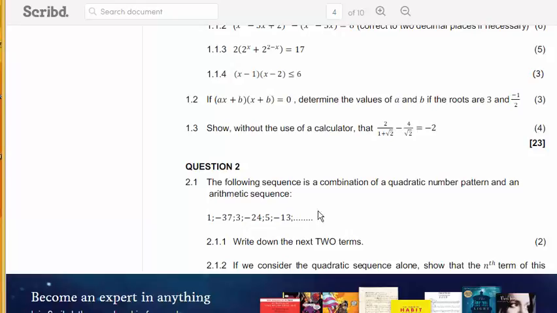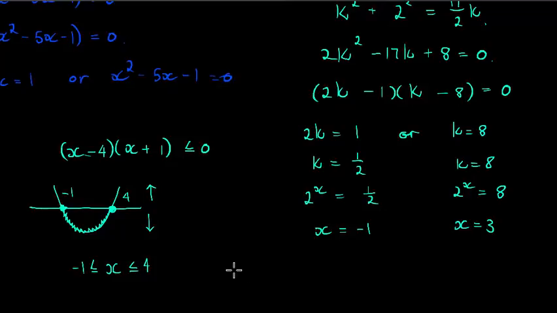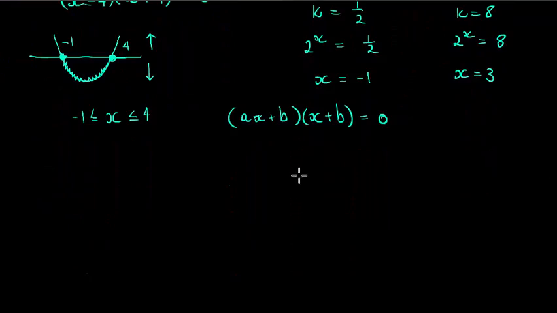So in other words, if ax plus b and x plus b are equal to 0, then they tell me the two roots are 3 and -1/2.